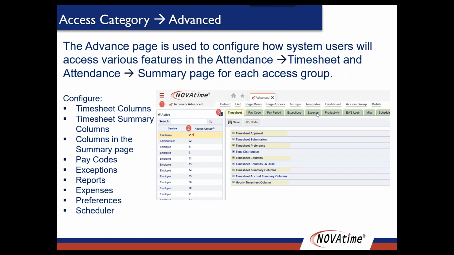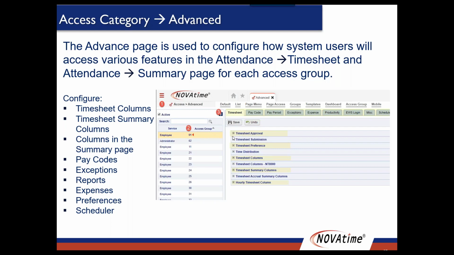If they're using the expense module, if a particular group of employees is always going to be allocating hours for XYZ, this is where you can define what expense types they will have access to see. And here's that EWS login that we talked about earlier. But the timesheet one is the one where you're going to spend the most amount of time.